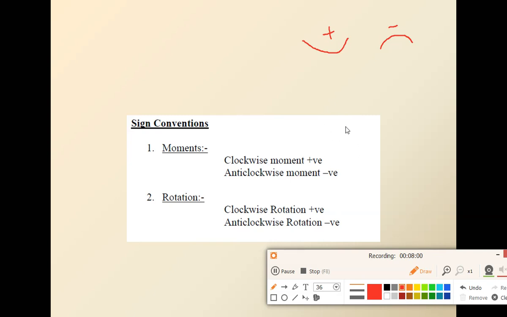These are not the bending moments, these are the moments at the support. Bending moment is related to the flexure of the member. These are the joint moments. So we take clockwise moment as positive, anticlockwise moment as negative. Similarly, clockwise rotations are positive, anticlockwise rotations are negative.